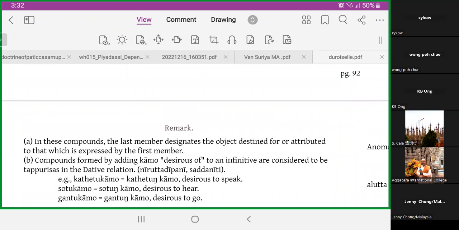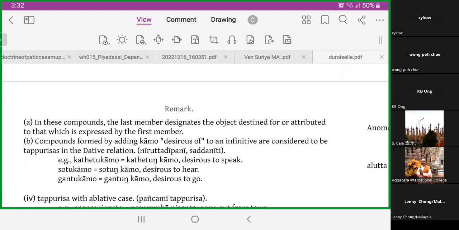B. Compounds formed by adding kamo, desirous of, to an infinitive are considered to be tappurisas in a dative relation. This is according to Niruttidipani and Saddaniti. All right.